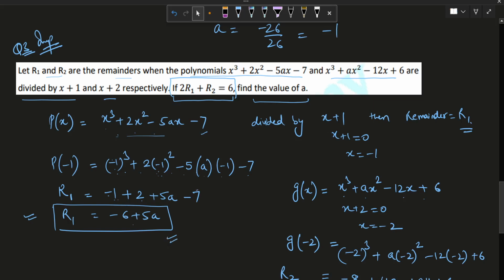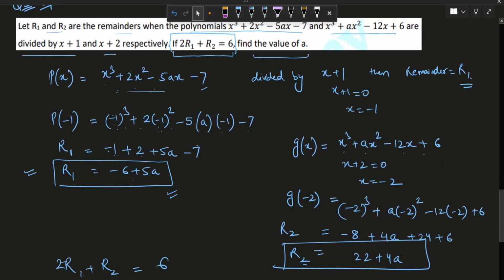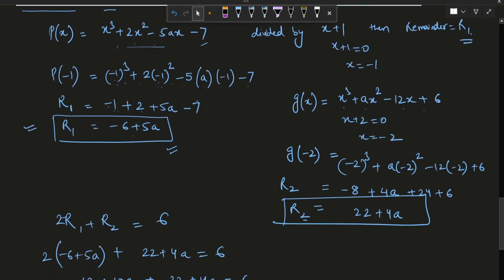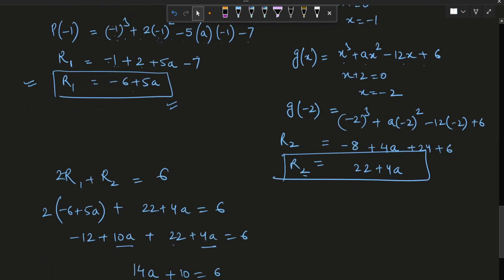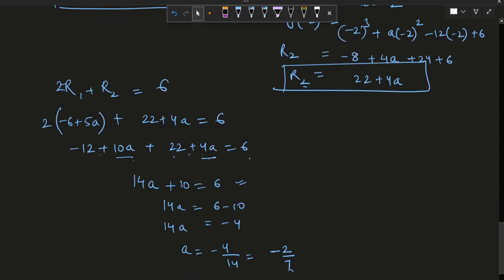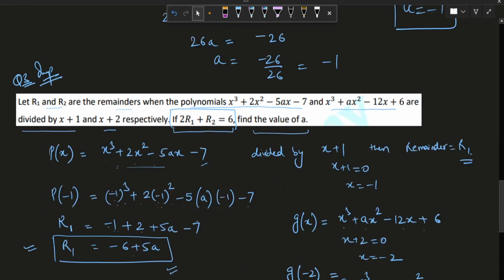Here also it was correct only. -2 cube is -8, 4a and 24 and 6, 30 minus 8 is 22, that's also correct. 22 plus 4a, so -12 plus 10a, 22 plus 4a equals 6, so it's 10 and 14, that's also correct. So we got this answer. I hope this is clear to you all. Yeah, why I cross checked is थोड़ा सा weird लगा मुझे ये आंसर आने के बाद, फ्रैक्शन में आया, but yeah, this is coming as a correct answer only.